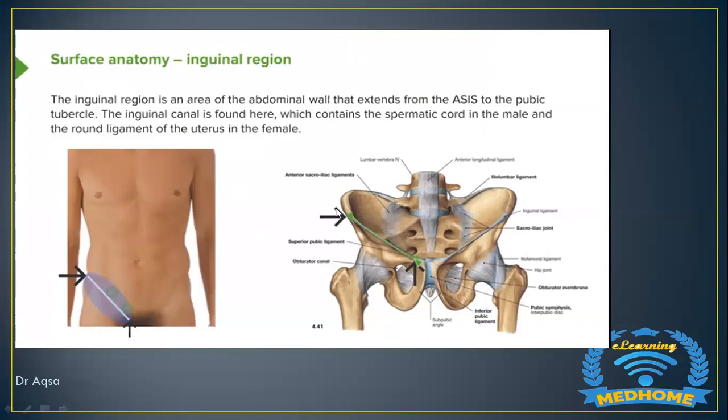This area is called the inguinal region. Now we are going to study this region, and it includes the inguinal canal. In the inguinal canal, we have contents, like we have contents for the rectus sheath.